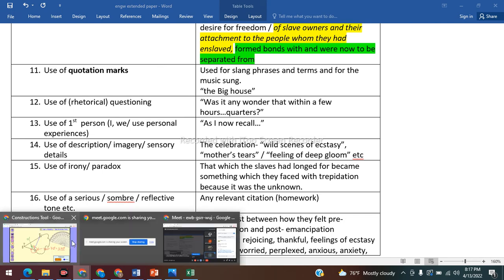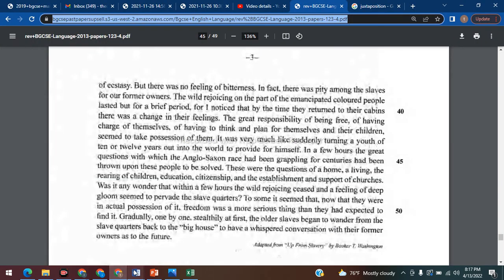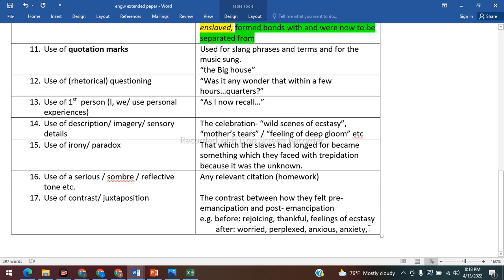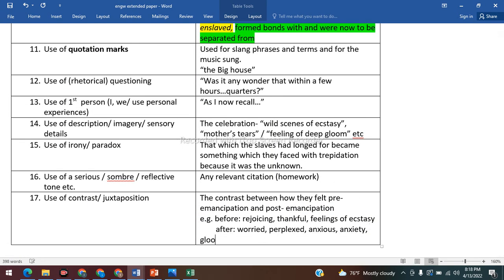But the text gives us a direct description. The text says, and a feeling of deep gloom seemed to pervade the slave quarters. So gloom is what? Sadness. So gloom, sadness, right?